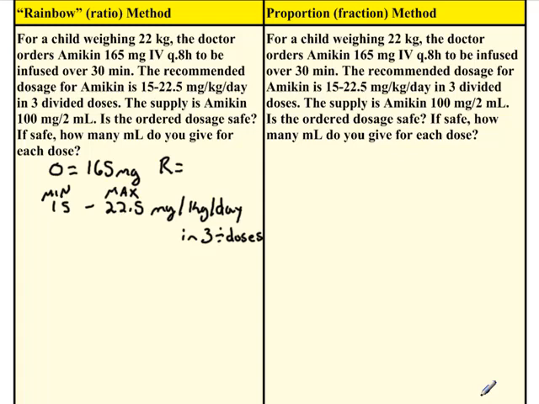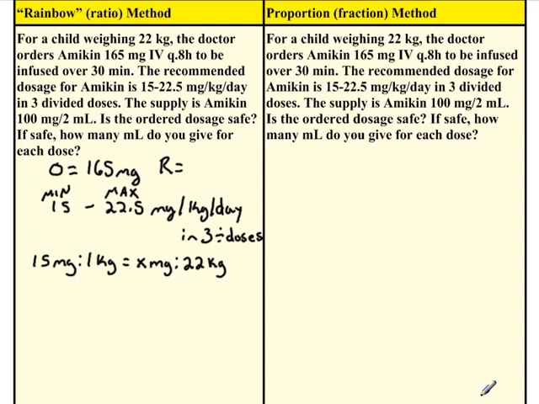First, let's find the minimum dosage. The problem tells us that we're allowed to give 15 milligrams per 1 kilogram each day. We need to find out the minimum amount of milligrams we're allowed to give for our 22 kilogram patient.